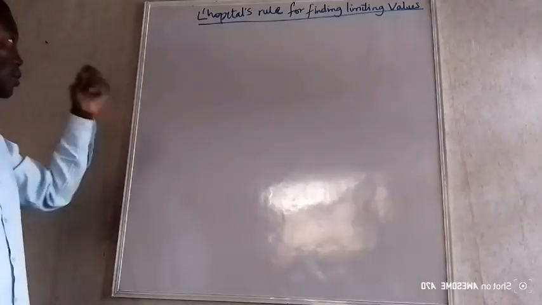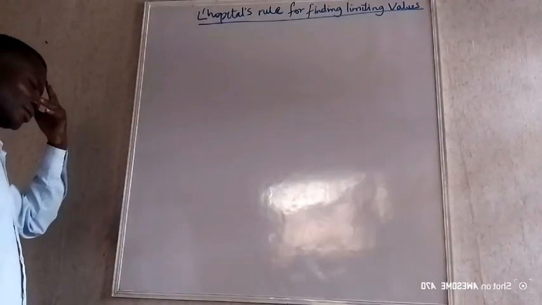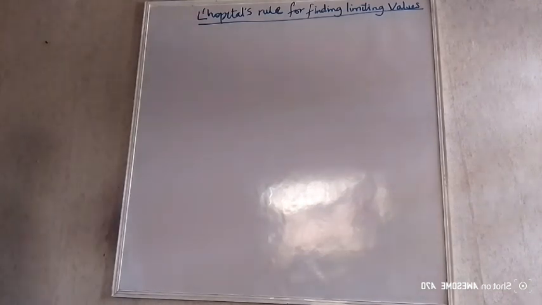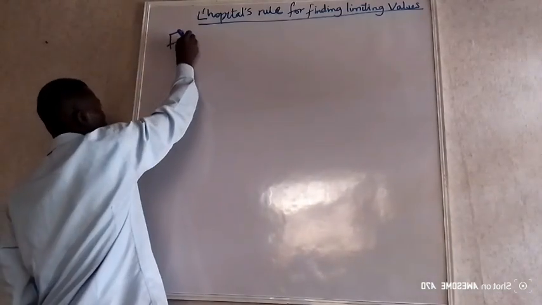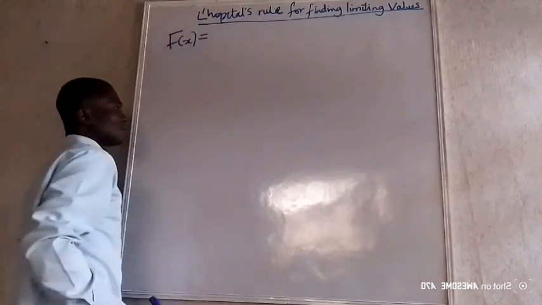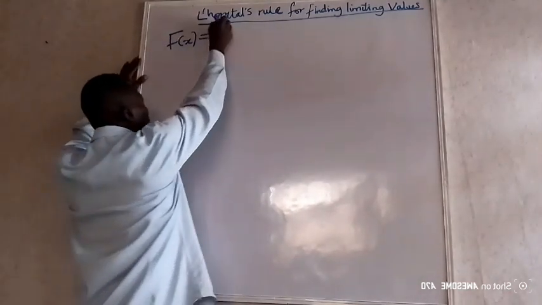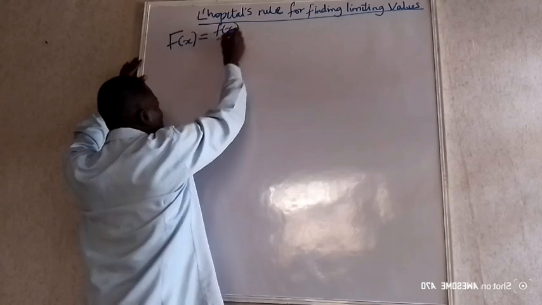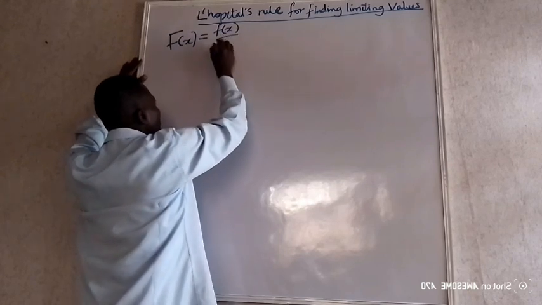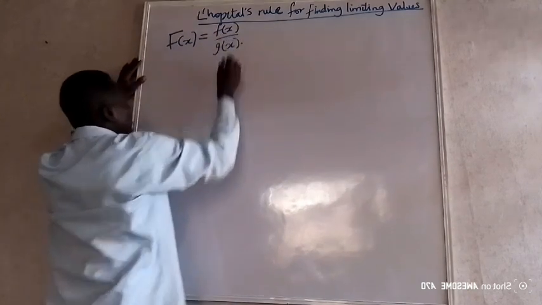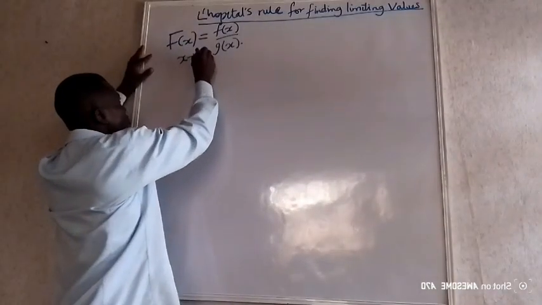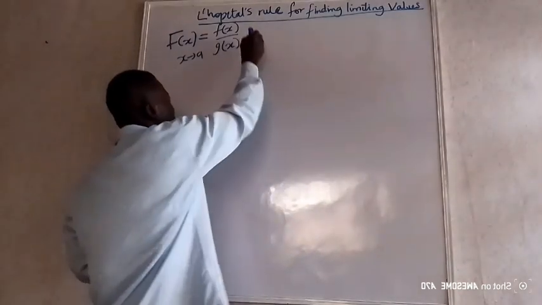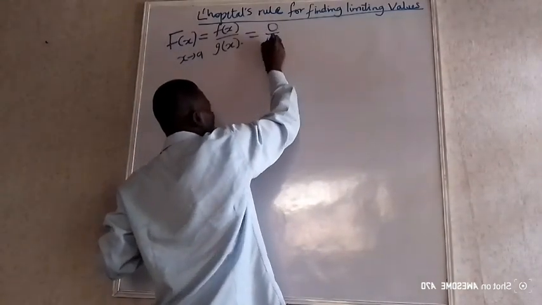I want us to look at a way of finding limiting values when it is indeterminate. How do I mean? Assuming we have this function f of x comprising of f(x) over g(x), and at a, we have something like this, 0 over 0.